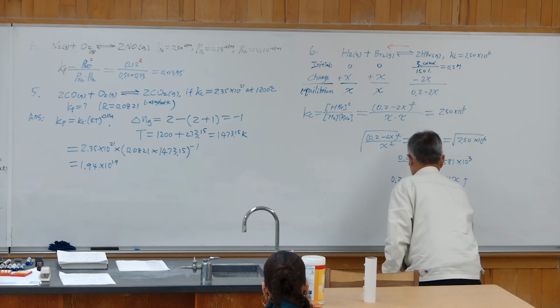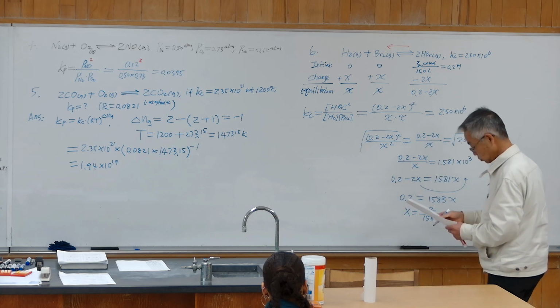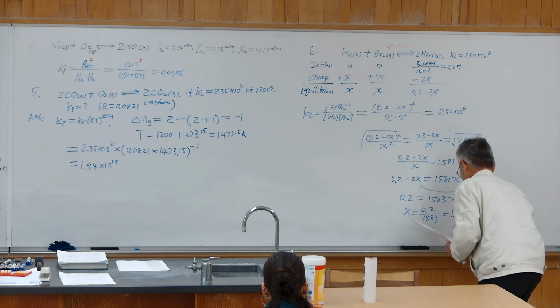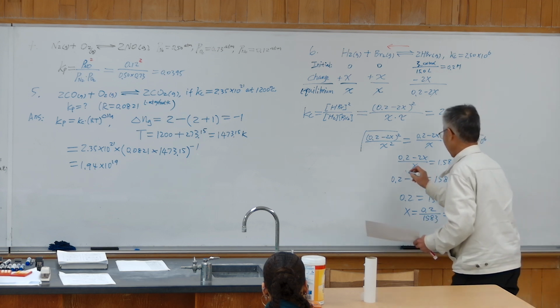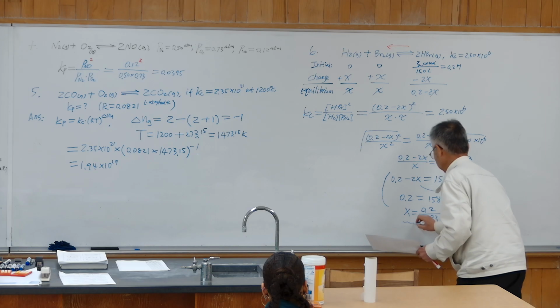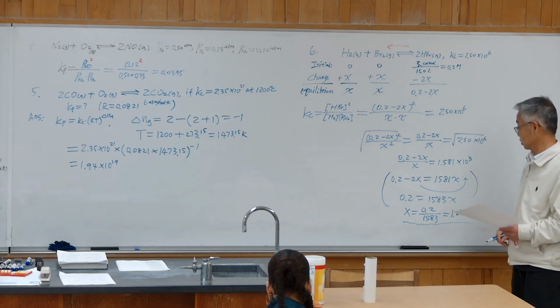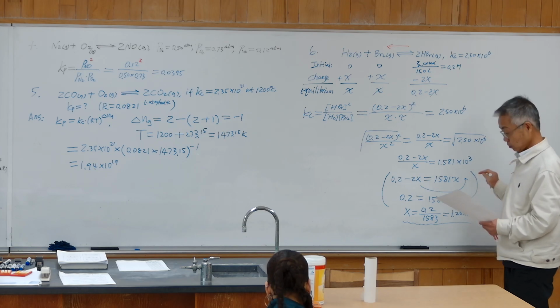Then x equals 0.2 divided by 1583, which is 1.26 times 10 to the negative 4. You don't have to show me this, you only find the answer for x. It's fine, this is pure math. Show the formula, give the answer. It's fine.